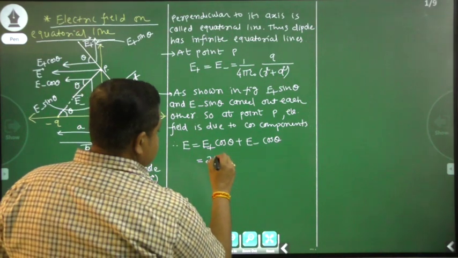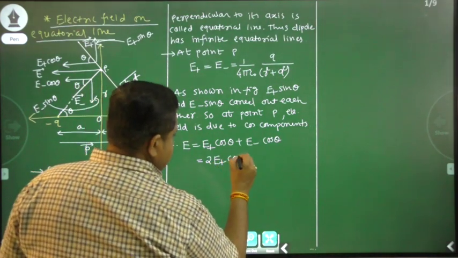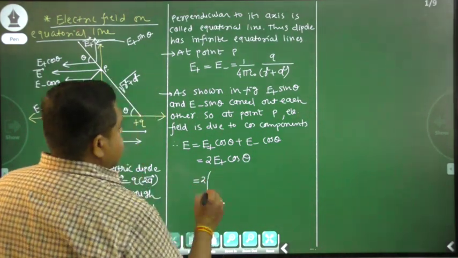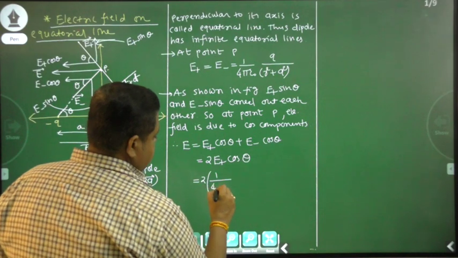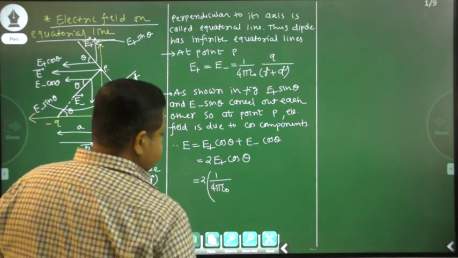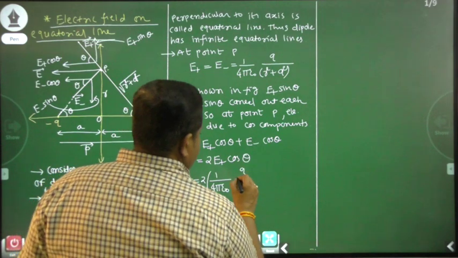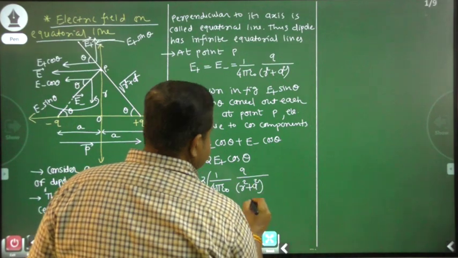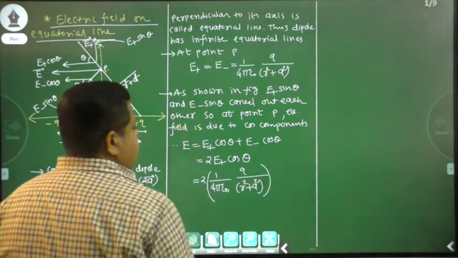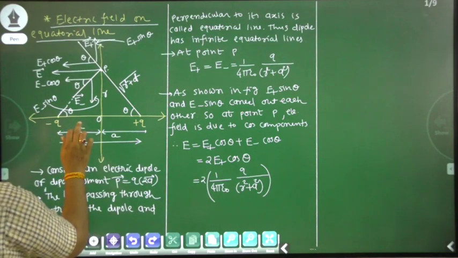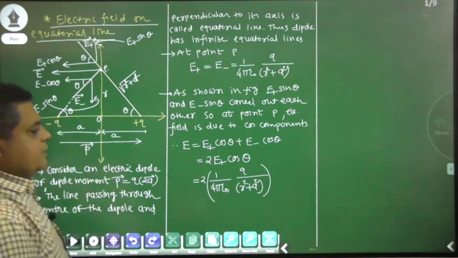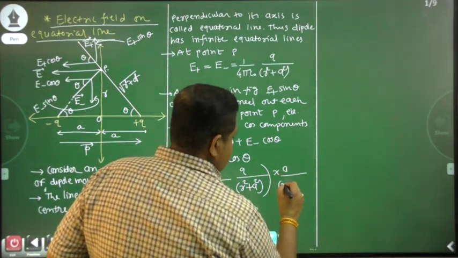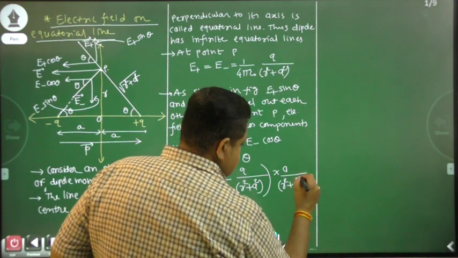So it is 2 E plus cos theta, which is 2 times 1 upon 4 pi epsilon naught, q upon r square plus a square. And cos theta, from the figure, is adjacent side upon hypotenuse. So the adjacent side is a, and the hypotenuse is under root r square plus a square.